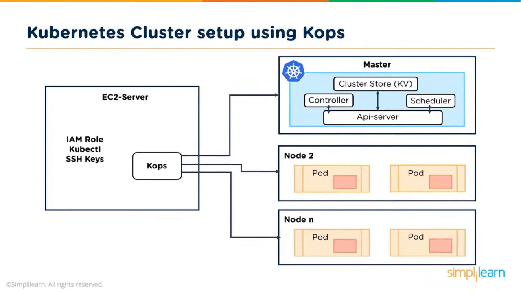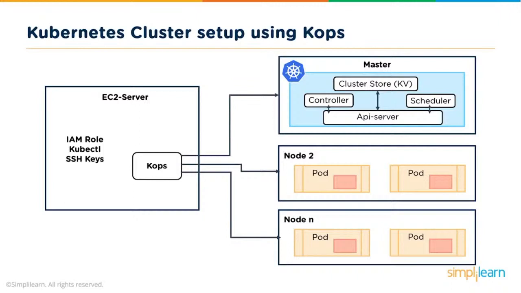Once I have my cluster set up, I will also install kubectl, which you would probably know by now is a command line utility using which I can connect to my cluster, give out some jobs, put some pods and stuff like that. So I will use kubectl. I will also have a pair of SSH keys, so that from this machine I would be able to successfully get onto the master node and submit jobs on my behalf.